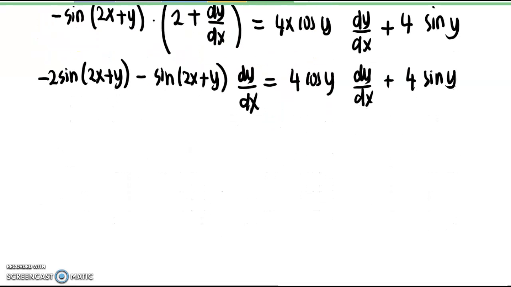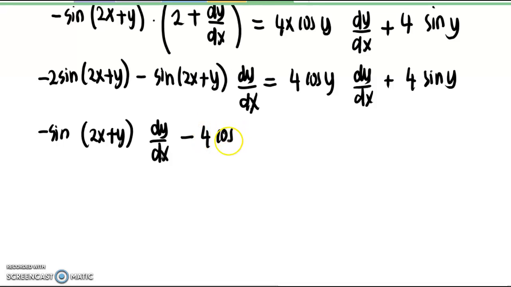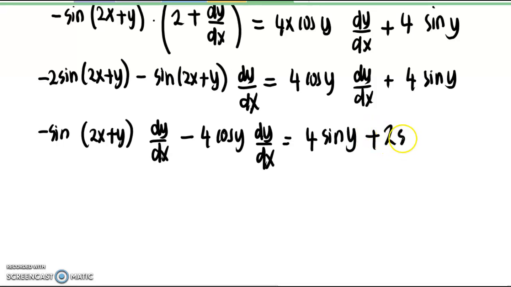So we are going to bring the term to the left. Negative sin(2x plus y) dy over dx minus 4 cos y dy over dx equals to 4 sin y plus 2 sin(2x plus y).